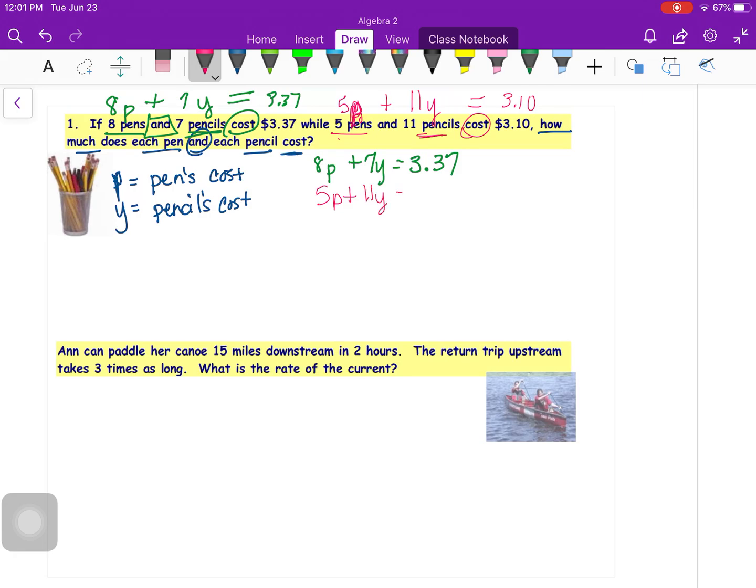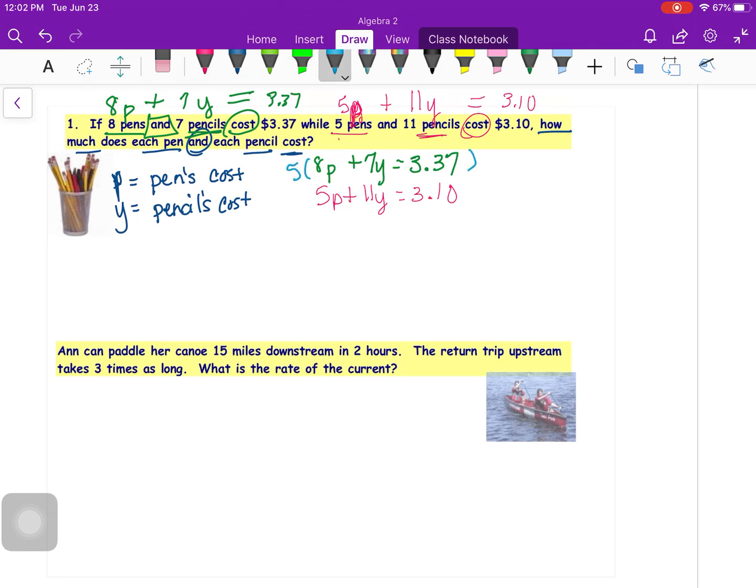So I get 5P plus 11Y equals 3.10. So there's my system of equations. I've identified the variables. I show I've read carefully. I translated to equations, and now I need to solve. So I'm going to solve by linear combination.